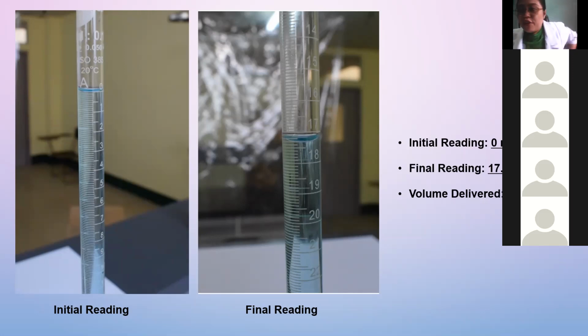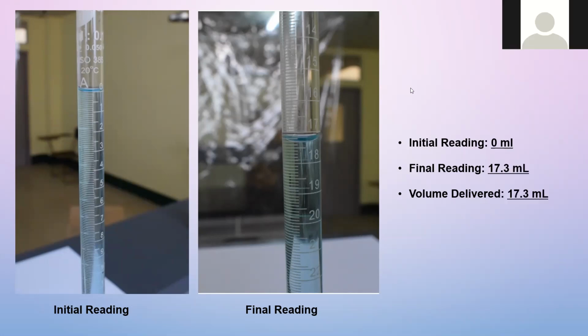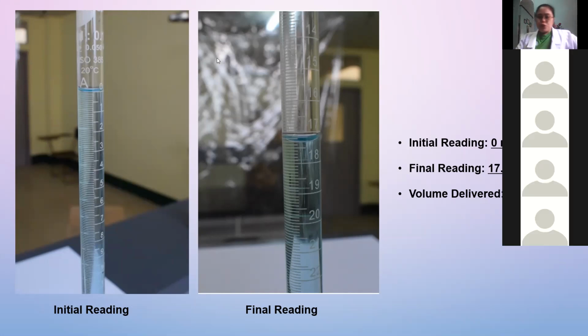So, ang inyong volume delivered is 17.2. Tama? Yes, ma'am, 29. Say 29. 17.29. Okay, sige na. No problem with that. Sige. Questions, class, about the use of the burette and paano siya i-read?